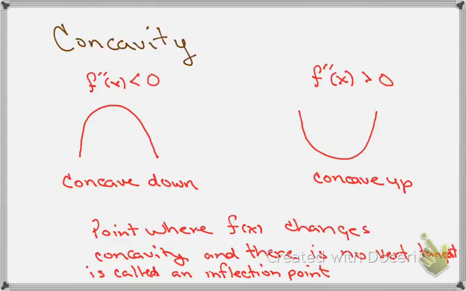So if you have a point where the function changes from concave up to concave down, or concave down to concave up, and there's no vertical tangent, so there's no asymptotes or anything there, then that's called an inflection point.